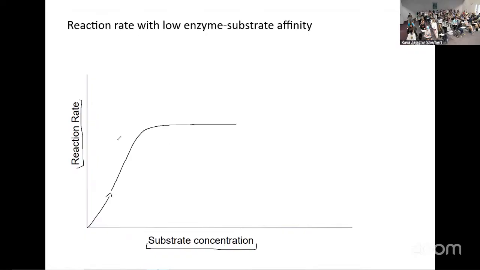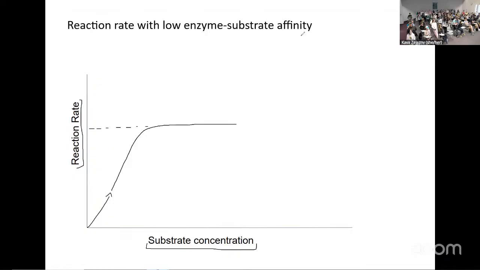At some point, we're going to hit a maximum reaction rate. This is going to be dependent on the function of that enzyme, and the amount of enzyme, how much of that enzyme is present. So we do hit a maximum reaction rate. We can't go faster. We found all the substrate, all the enzyme that's present. There's kind of nothing left to do. So that's our baseline for substrate concentration and reaction rates.